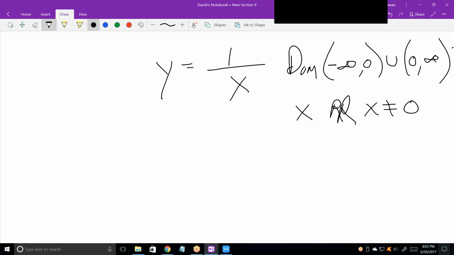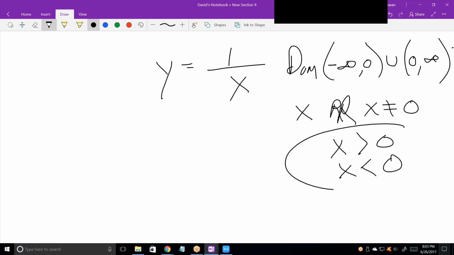Yes. Okay. Another way to write it is x has to be greater than 0 or x has to be less than 0. That says the same thing. That says all reals except 0. Okay. Yeah. Go ahead. Could you remind me what the U means? The U. That's in union with.